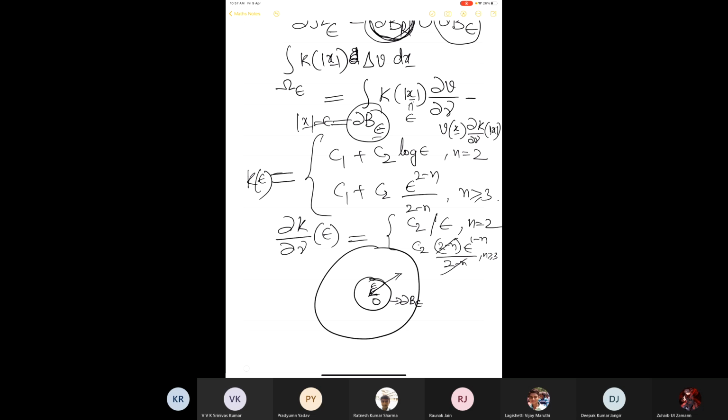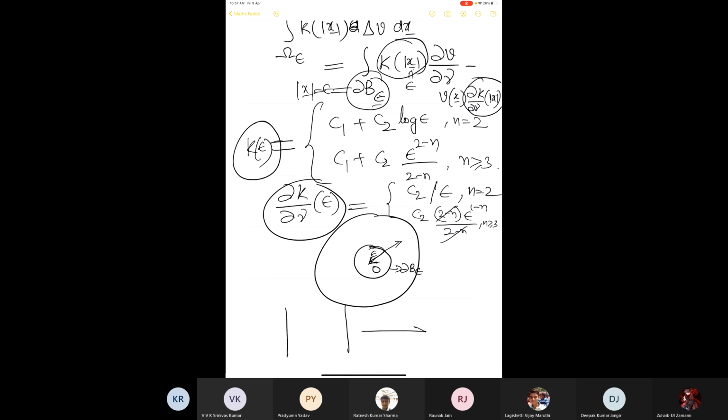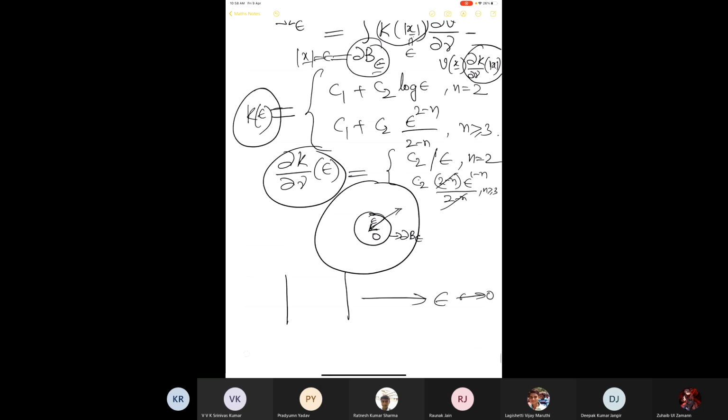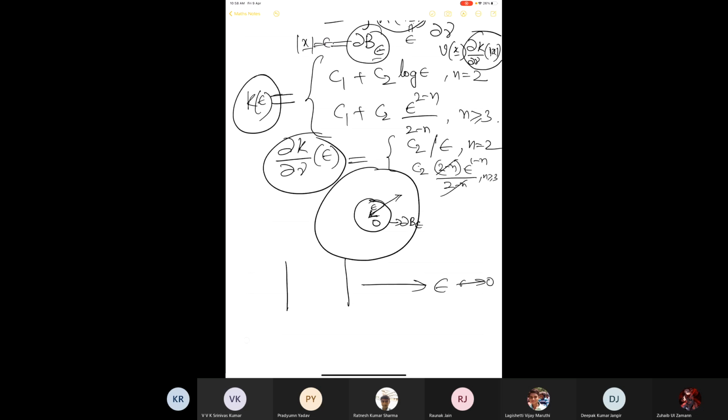Substitute back this thing and this thing here and here. Then the final step is to let epsilon go to 0. So what will happen finally is C2 times... We will do this in the next class.